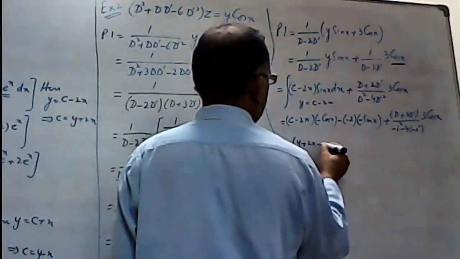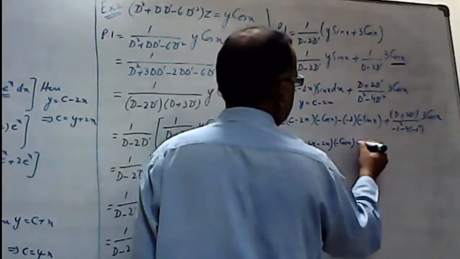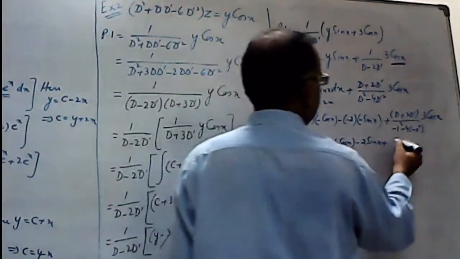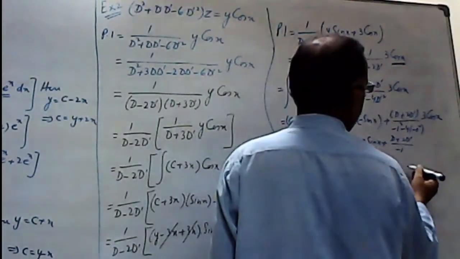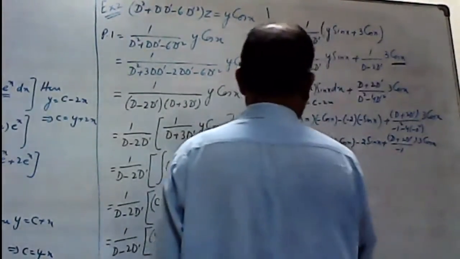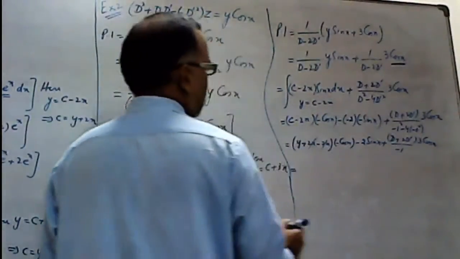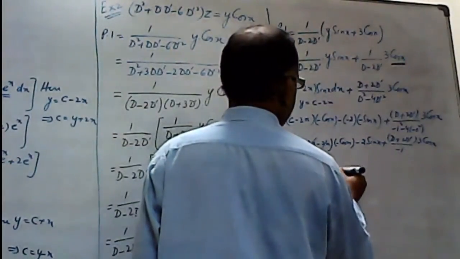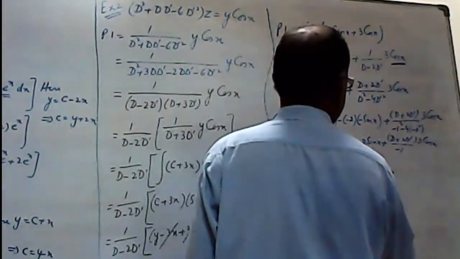So (y + 2x - 2x)(-cos x) - 2 sin x, then plus (D + 2D') upon minus 1 of 3 cos x. 2x cancels with 2x, so it will be minus y cos x minus 2 sin x, minus 3 times.